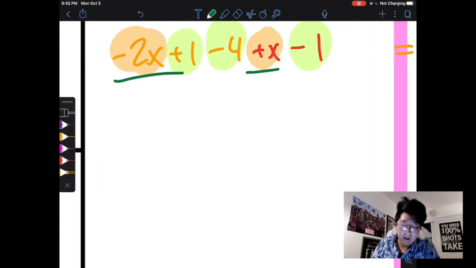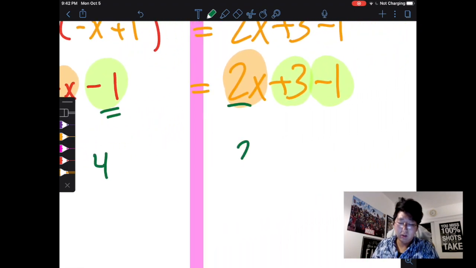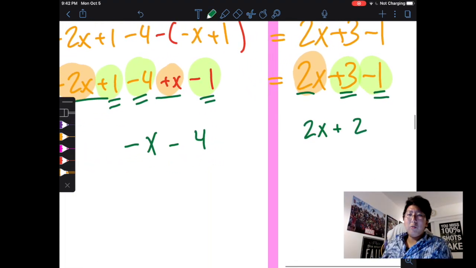Negative 2x plus x is negative x. Plus 1 minus 4 is negative 3. Minus 1 is negative 4. On the right, we have 2x. And 3 minus 1 is plus 2. It's 2x plus 2.